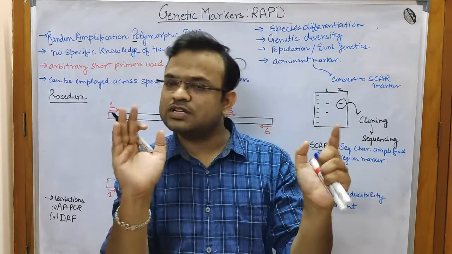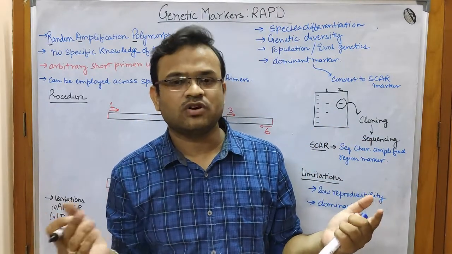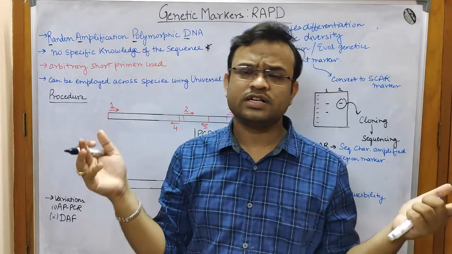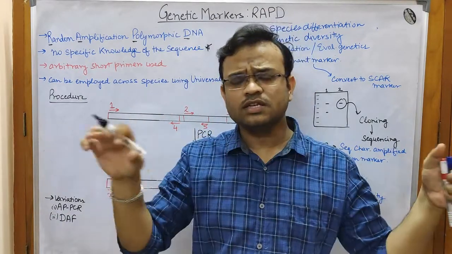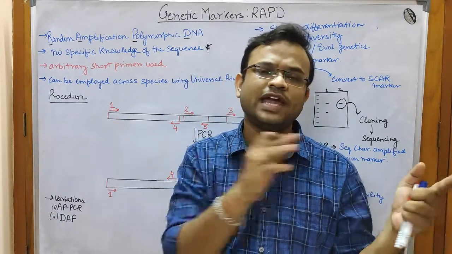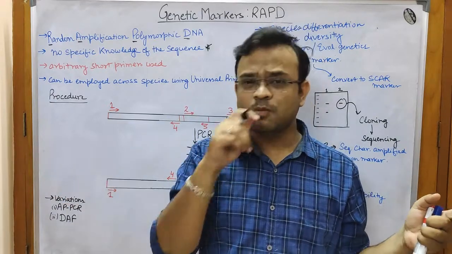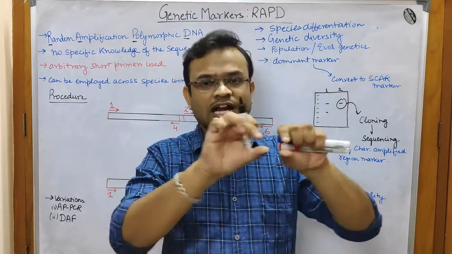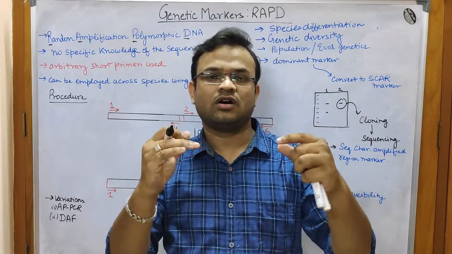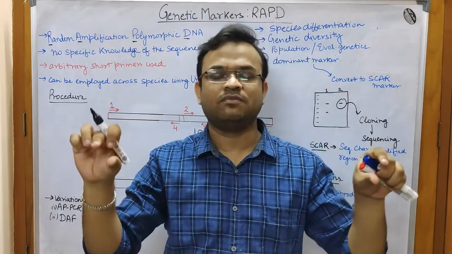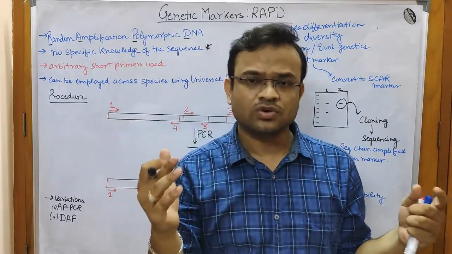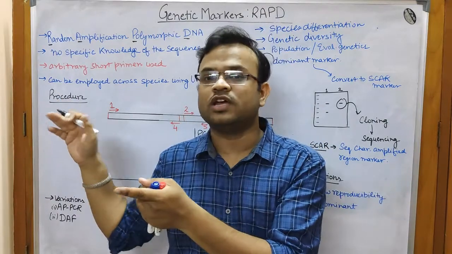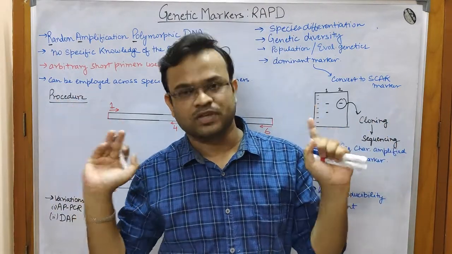It would bind to a particular sequence only. Why is that so? Because the DNA sequence is made up of A, T, G and C. So the probability of getting that particular sequence that is complementary to the primer would be very less. So the specificity would be more if you increase the length of the primer, right?